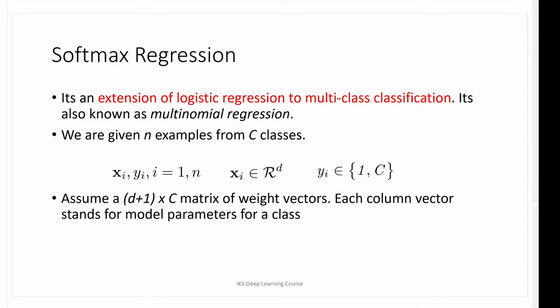So we'll have C weight vectors, and we can represent them using a D plus 1 times C matrix, where D is the dimensionality and plus 1 is coming because we have to augment the vectors. So D plus 1 times C is a matrix of weight vectors that will be learned using these examples.